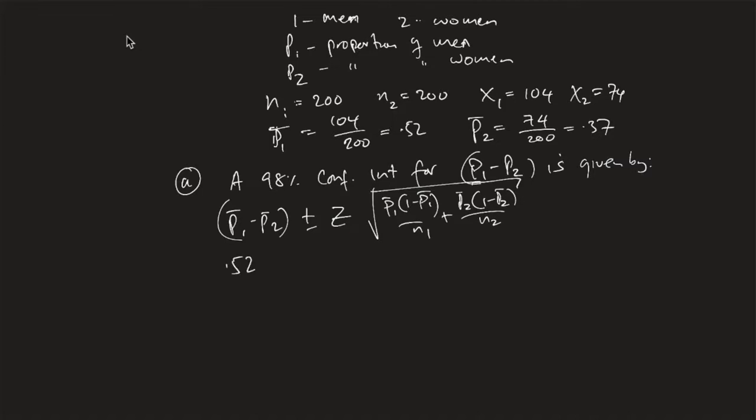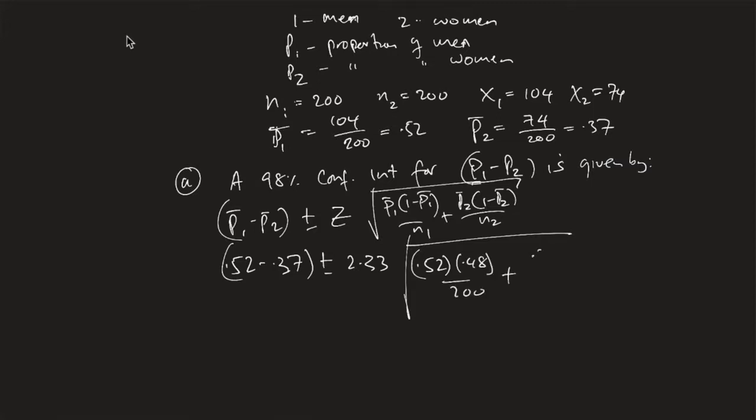So we have 0.52 minus 0.37. And for a 98% confidence interval, Z is 2.33. By now we should know that. And then we'd put P bar 1, we said was 0.52, so 1 minus 0.52 gives us 0.48 over 200, plus 0.37, 1 minus 0.37 gives us 0.63 over 200. All right, that's what we got. So now let's actually figure out what that is.